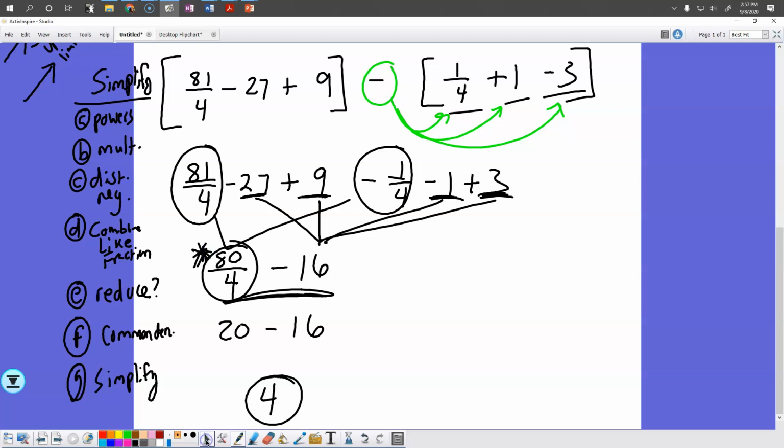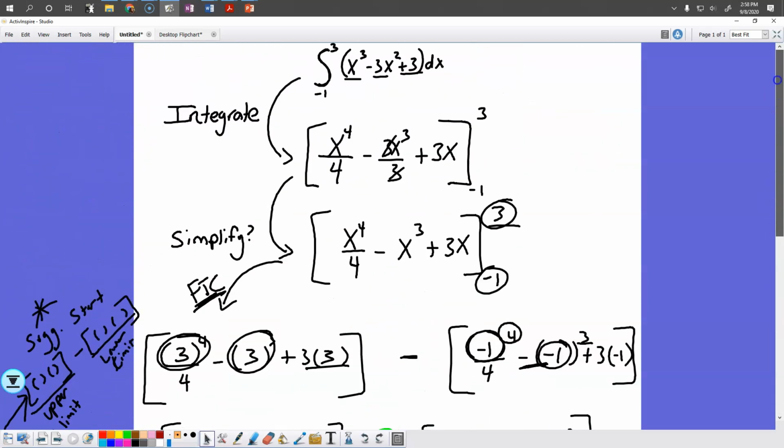So let's review the steps one more time before I set you guys loose on one of these, okay? So, first step, integrate. You should have brackets at that point with no more integral symbol. If necessary, simplify your expression.